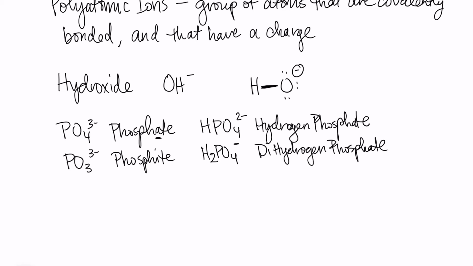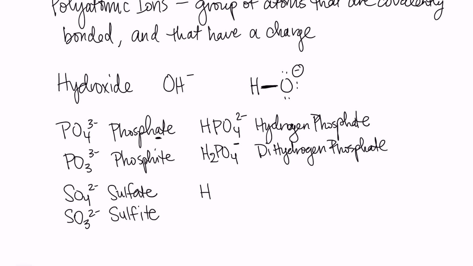The next one we'll do is sulfate. This is SO4 2-. And like phosphate, sulfate has the less oxygenated sulfite, which is SO3 2-. And we can also have hydrogen sulfate, HSO4-, and hydrogen sulfite, HSO3-.